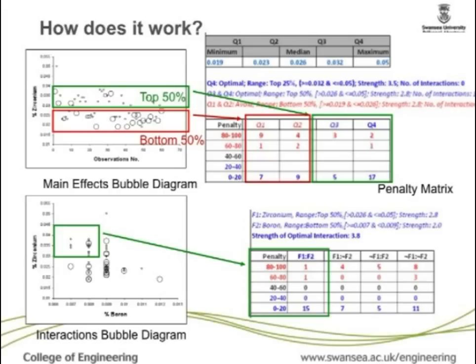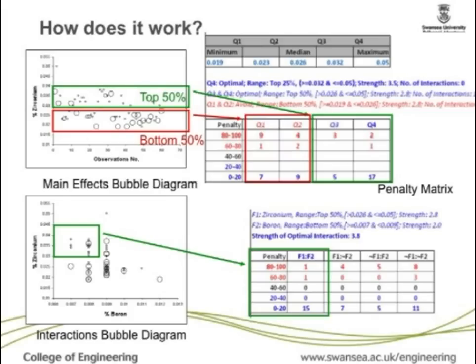And then we are interested in a region or a cluster of points or an area in this zone, which could be this region or this region or this region, any combination where there is a concentration of points with high penalty values or concentration of points with low penalty values.